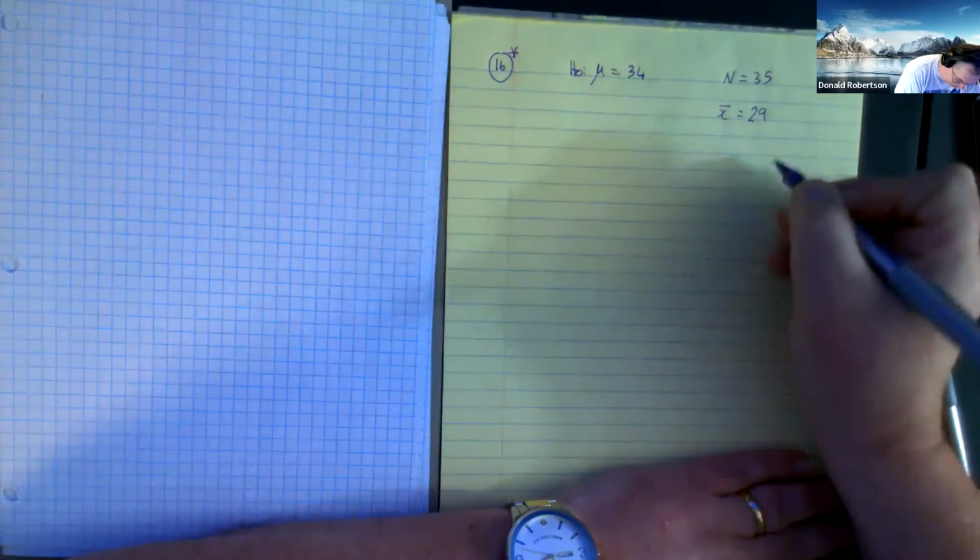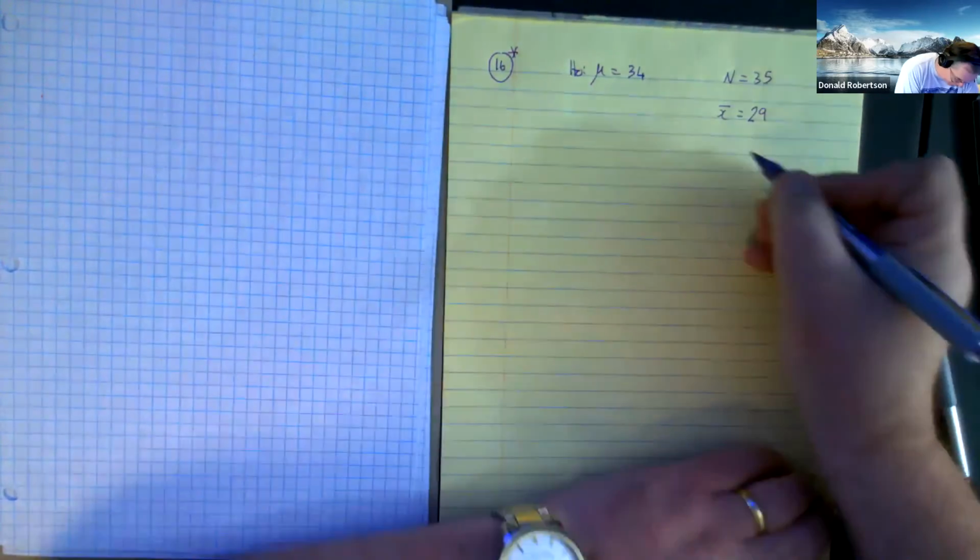In question 16, the average height of children who are 2 years old is 34 inches. Okay, so you've just told me that the null hypothesis is 34. A random sample of 35 children. So you've just told me my sample size is 35. And their average height is 29 inches. And that the standard deviation is 1.8 inches.